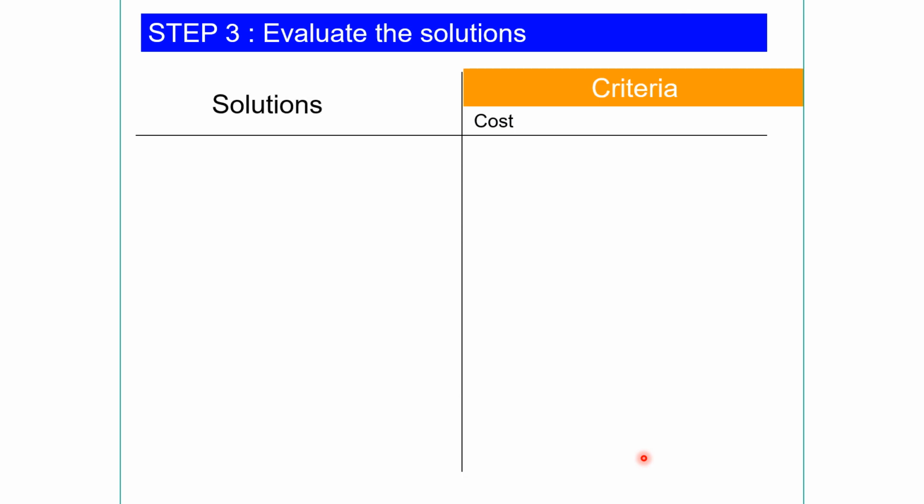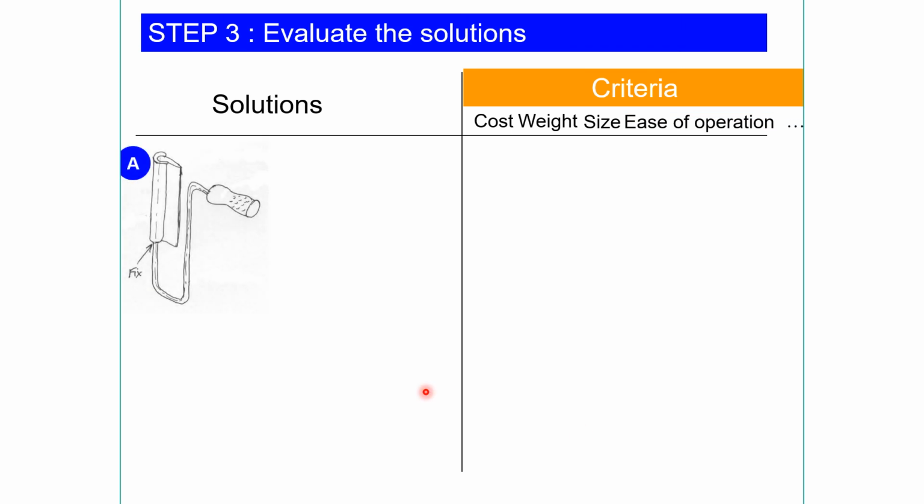Solutions: cost, weight, size, ease of operation. So here, a homemade device: you attach a cleaning paper or cleaning cloth to one side. B option.